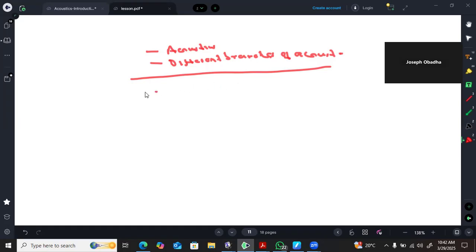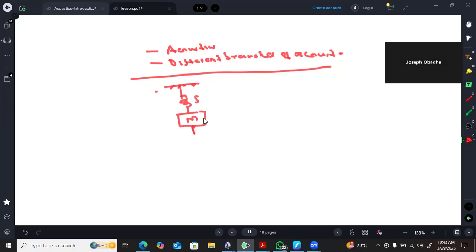So if sound is produced by vibration, then it's easy to understand the concept of vibration by looking at mechanical systems. We have looked at a simple mechanical system that we can call simple harmonic motion, which is just made up of a spring and a mass.